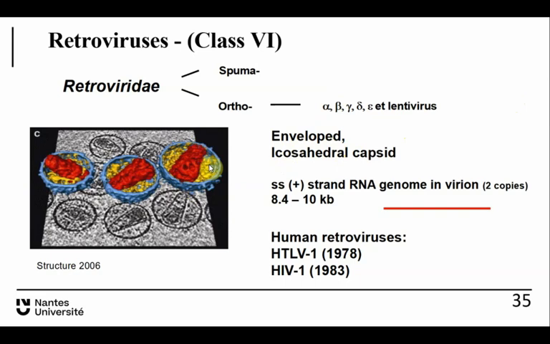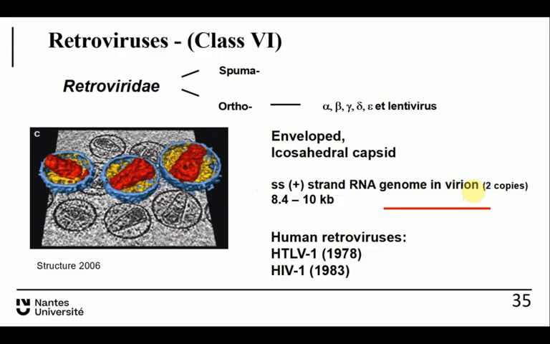capsid. Now, one thing kind of interesting about retroviruses is that the capsid contains 2 copies of the genome. So in a sense, these viruses are kind of like diploid.